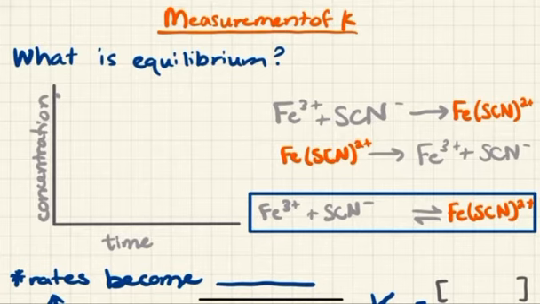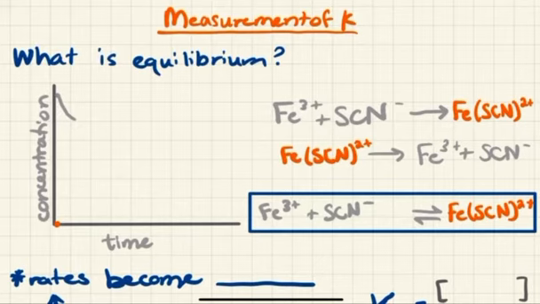Over time, this concentration of reactants should go down because we're expecting that some of this forward reaction will occur. At that same time, we already said FeSCN2+, the product complex, should have started at 0 because we didn't put it in our original mixture.